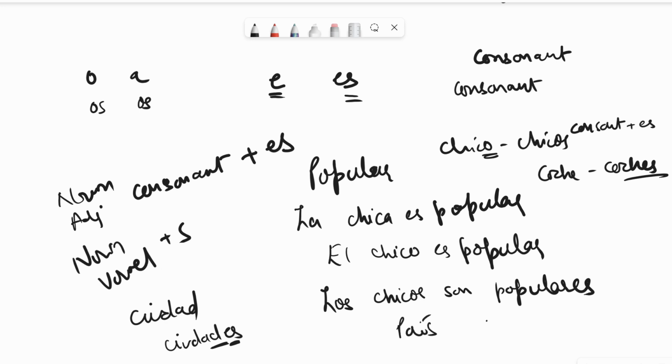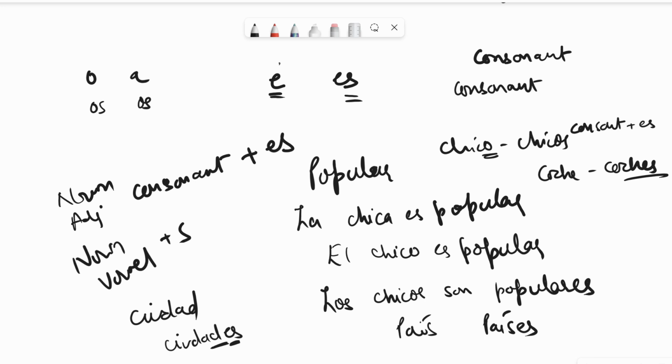País, country, plural will be países. So remember this, if a noun ends in a consonant, to make its plural, you add es. If a noun ends in a vowel, to make its plural, you only add s. So these are your rules. If a noun ends in O, again, there will be four endings, O, A, Os, As. If it is ending in E or consonant, then it is going to be gender neutral.